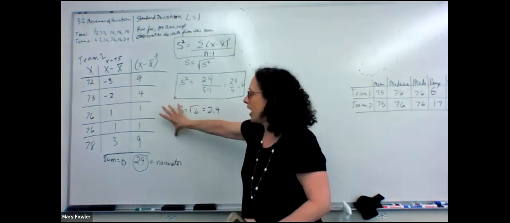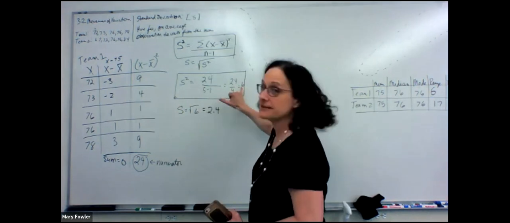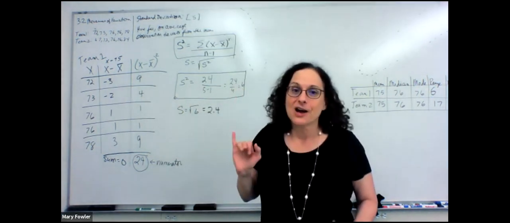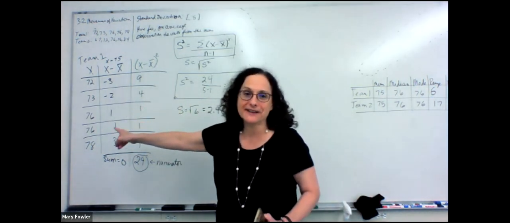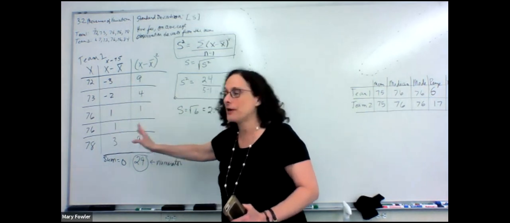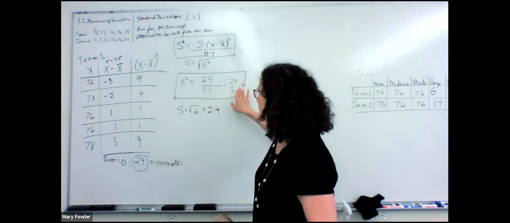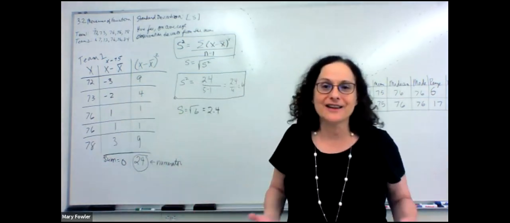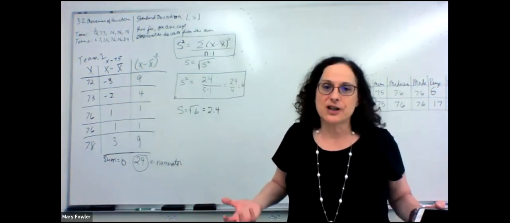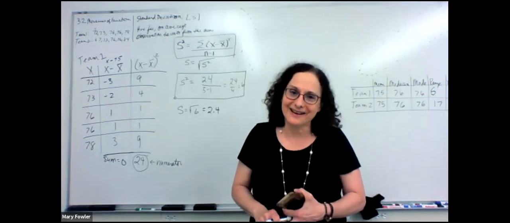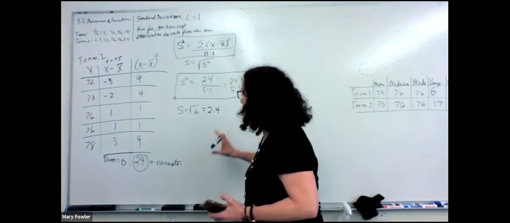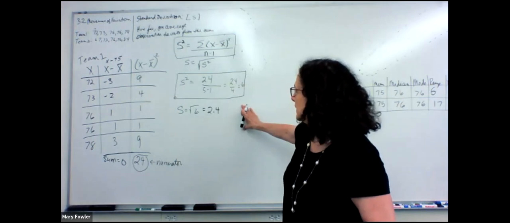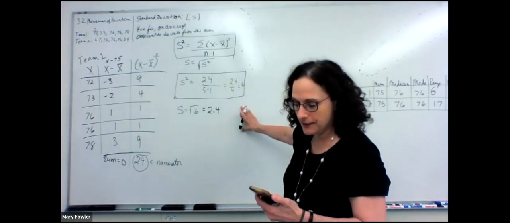So that's a good check. Had I forgotten to take my square root, then going back and checking those deviance to see whether the number that I think is my standard deviation is in fact in the center of the range, you would catch that error. So I don't have any students making that error anymore. So that's really good. Okay, so this is the standard deviation for team 1.